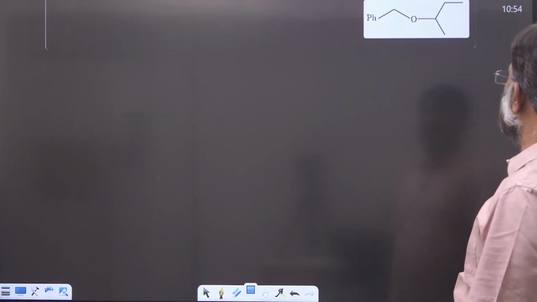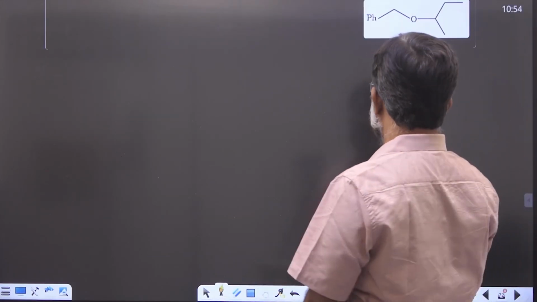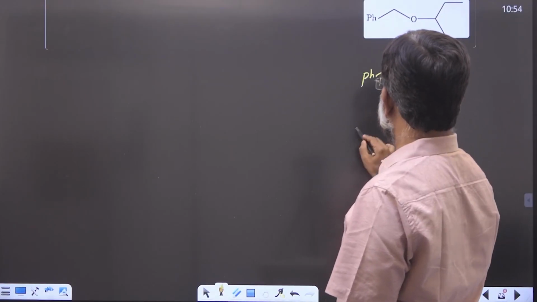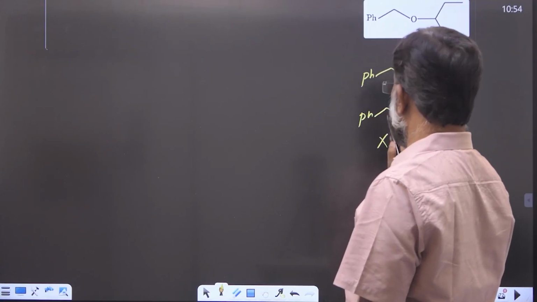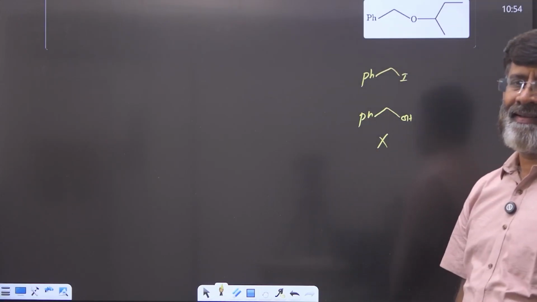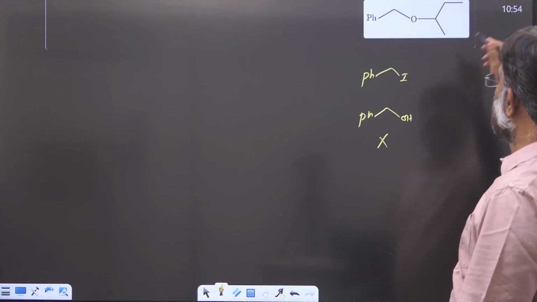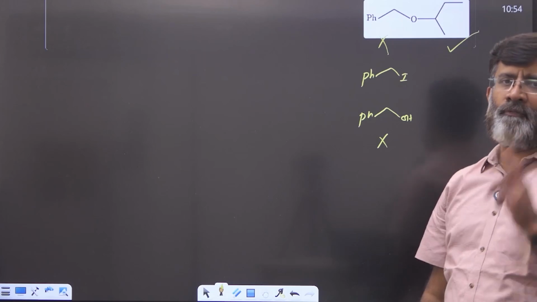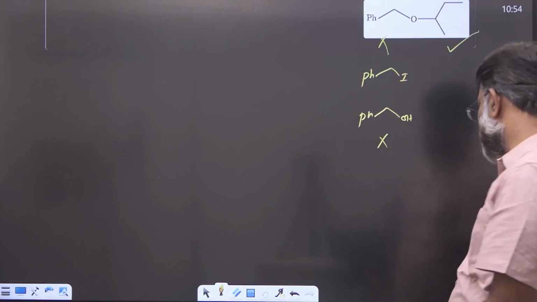What about fourth choice? If you take the fourth choice, it is PhI, and that will become PhOH. This cannot give haloform test because there is no methyl carbinol group. What about the other part? That can. This part is okay, this part is unfit. So in the fourth choice, first part is unfit, second part is okay.